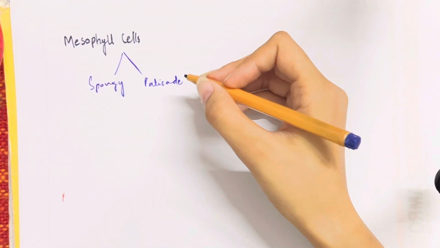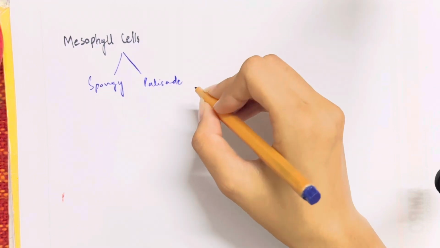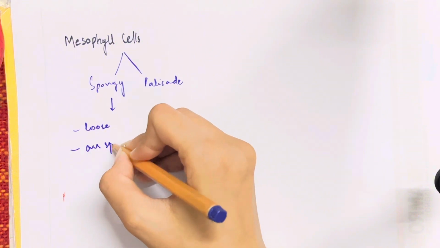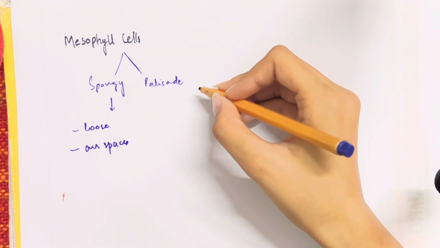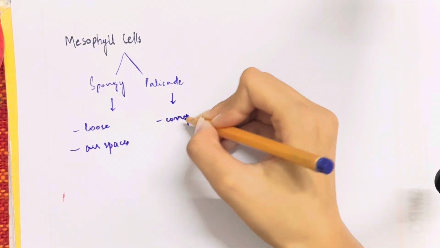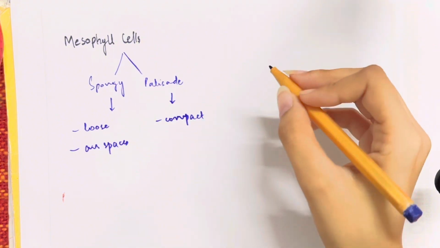Spongy mesophyll cells are very loosely arranged and possess air spaces between them. Palisade mesophyll, on the other hand, contains compactly arranged cells that are near the upper epidermis.